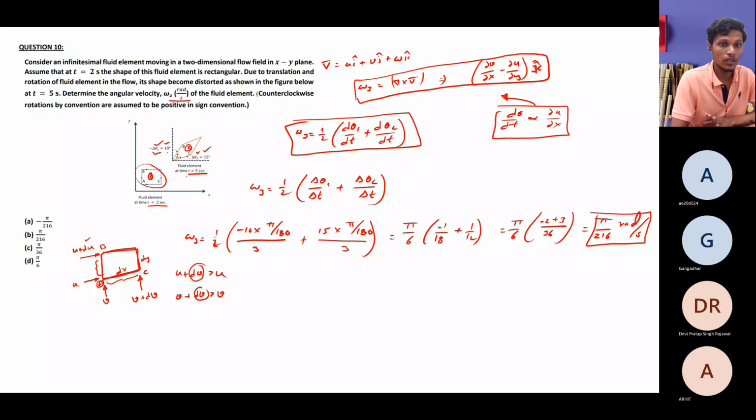So it is clear that every element in the flow field will deform, but to understand whether it is rotational or irrotational, you need to see whether there is any significant amount of rotation.